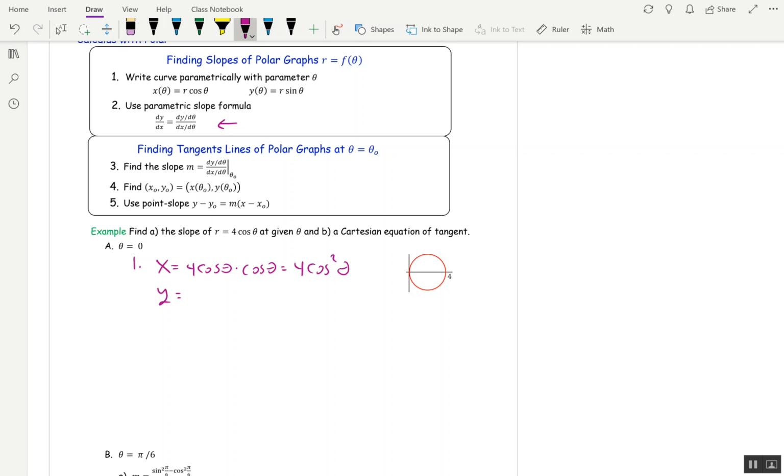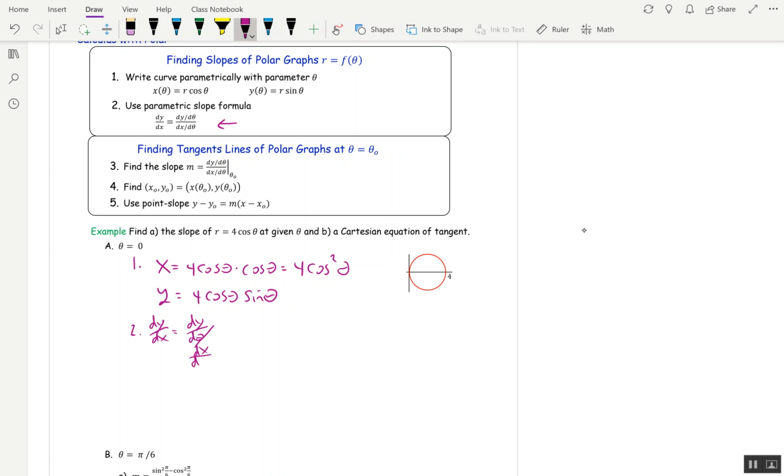Y is r sine theta, which is 4 cos theta sine theta. Okay, that's going to be the first step always. Don't skip that step.